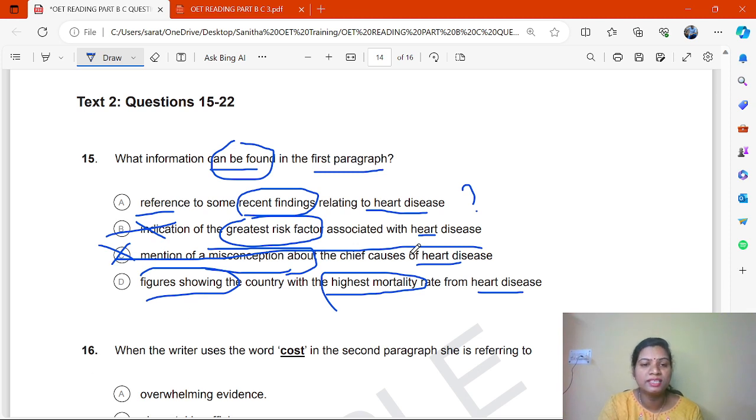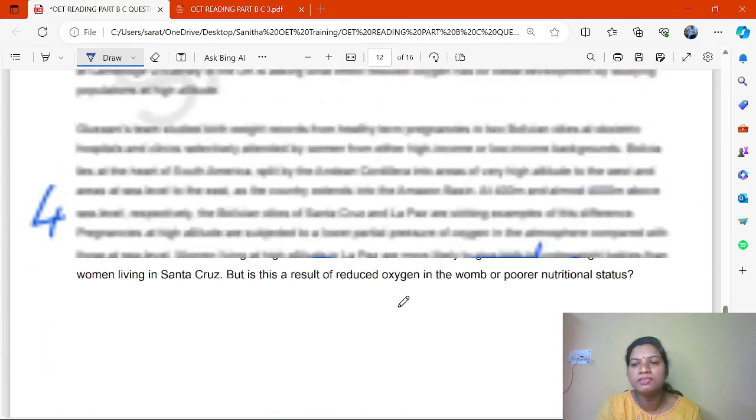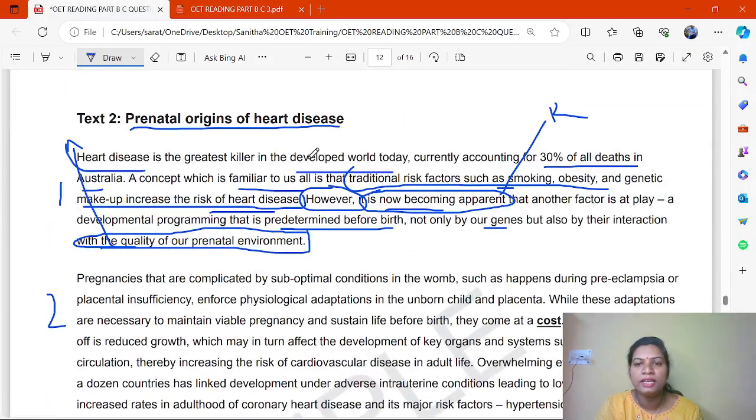Figures showing, see, some figures we have seen there. Option D: figures showing the country with the highest mortality rate from heart disease. Here we have seen some figures, but currently 30 percent of all deaths in Australia. It is in Australia.